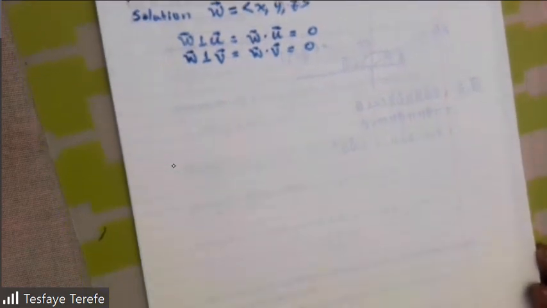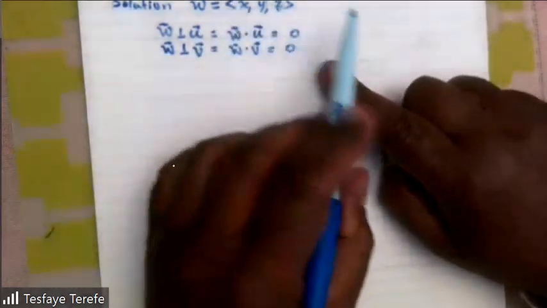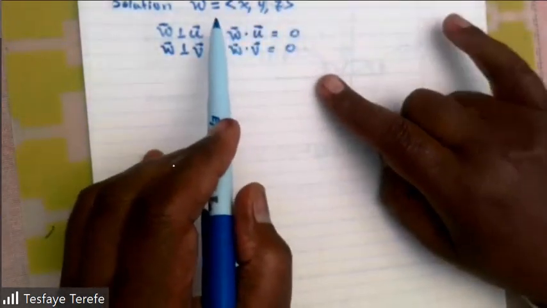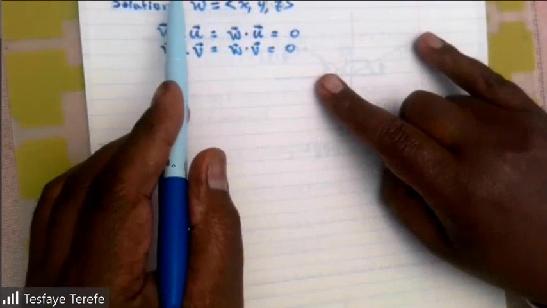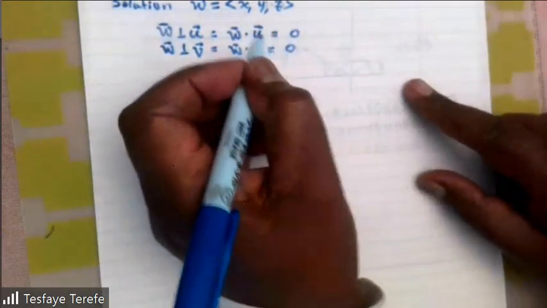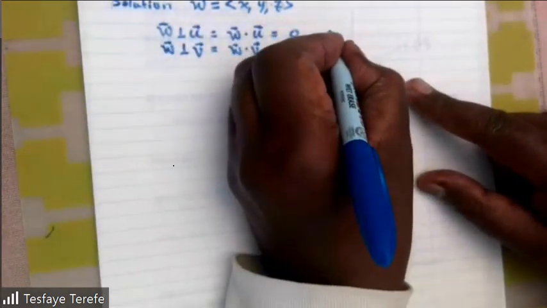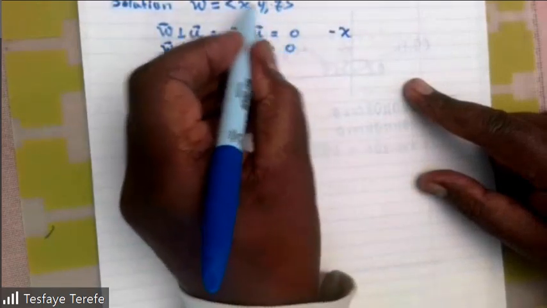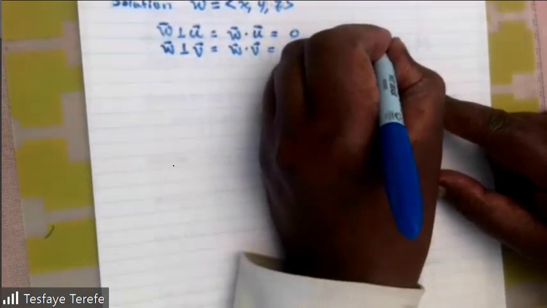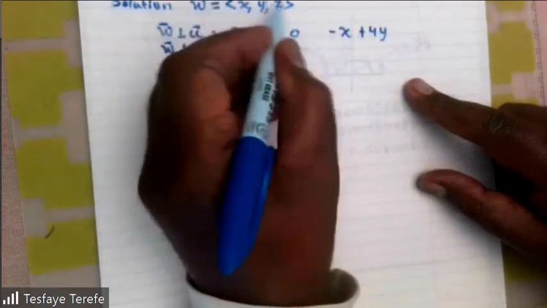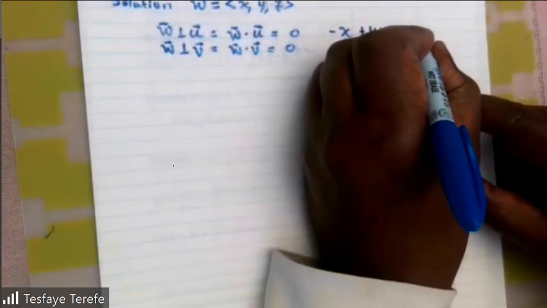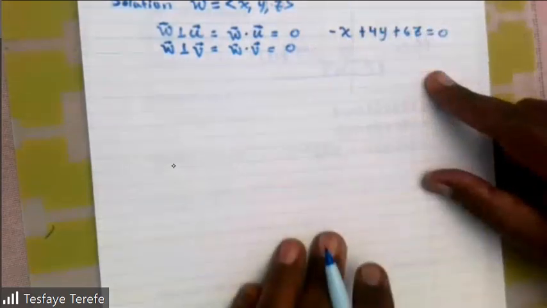And by the way, this one is the alternative technique that we are going to really work, and probably it will give us more options. And now let us take the dot product of these two vectors, W and U. This is actually -1 times X is -X, and 4 times Y is 4Y, and 6 times Z is 6Z, equals 0.